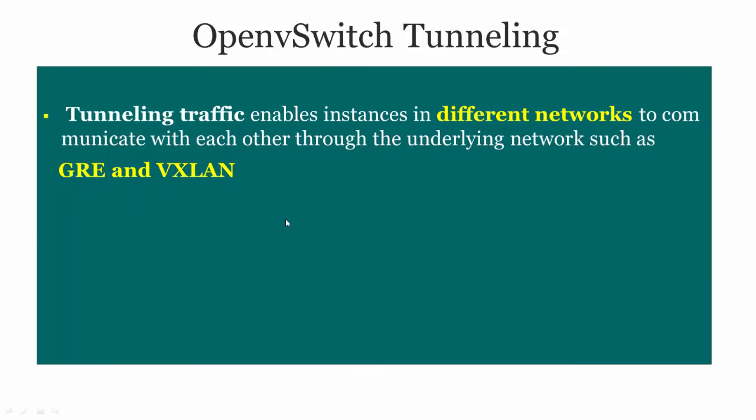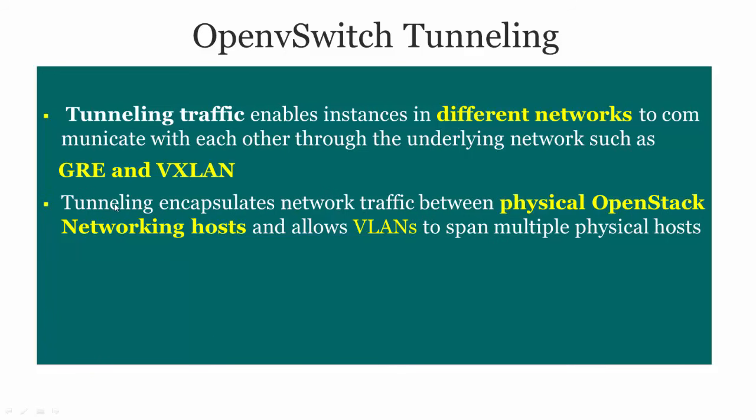So OpenvSwitch tunneling traffic enables instances in different networks. Even if they are located in different networks, we can connect them to each other using protocols such as GRE or VXLAN. These tunneling features must always use the physical OpenStack network host.